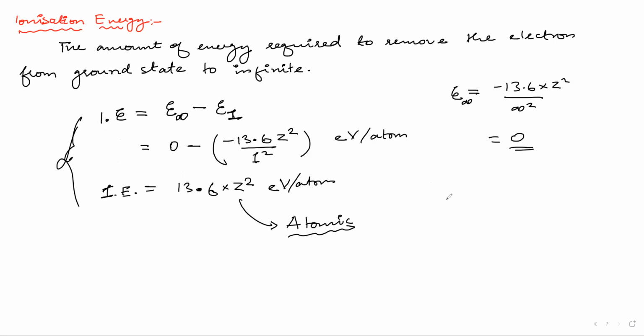For example, for the ionization energy of a carbon atom, which has 2 electrons in the first shell and 4 in the next, if I remove one electron from the outer shell we again get an ionization energy, but it will not equal this number, because we have put the orbit as 1. For hydrogen we can calculate the ionization energy easily, and for helium also, because both electrons of helium are in the first orbit, so their energies are the same.